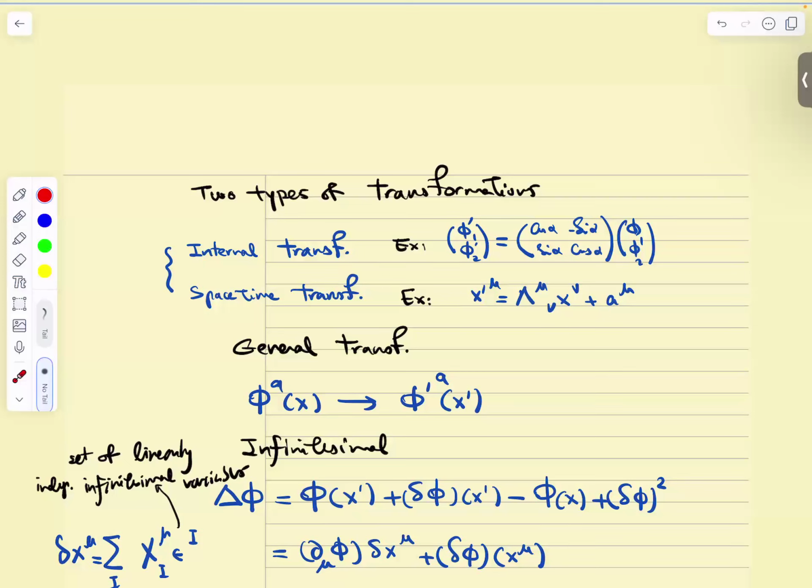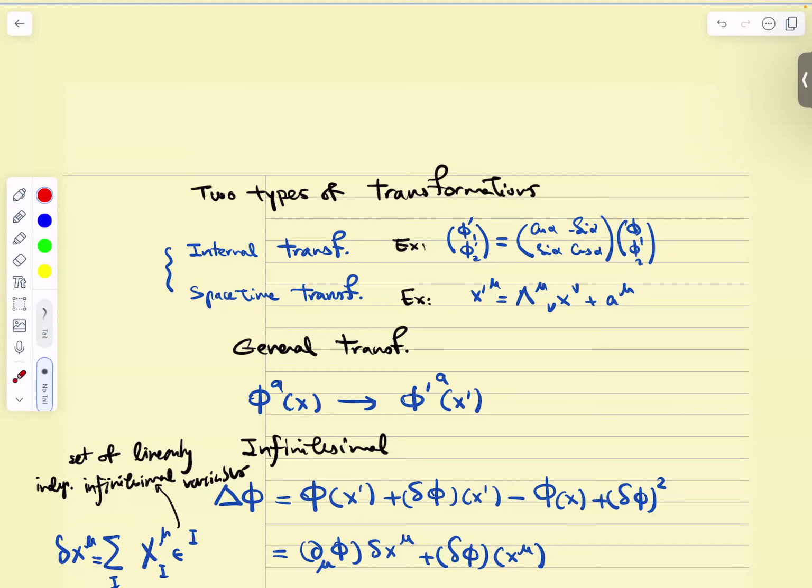Then we have space-time transformations. These are things that act on coordinates, right? For example, Poincare transformations are space-time transformations, right? In general, we're going to be interested in transformations that are a combination of the two. We both transform the space-time points and the fields, right?